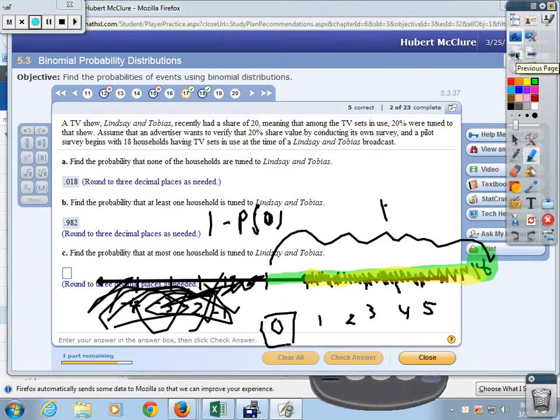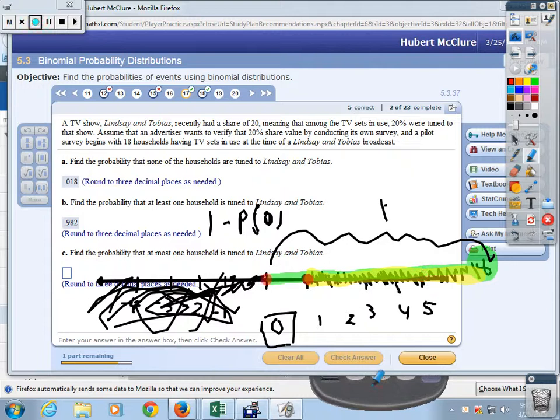So here's your handy dandy number line again, and you've got from 0 to 18. What does at most 1 mean? That means that the highest number you got is 1 household. Well, what's the only other number? 0.